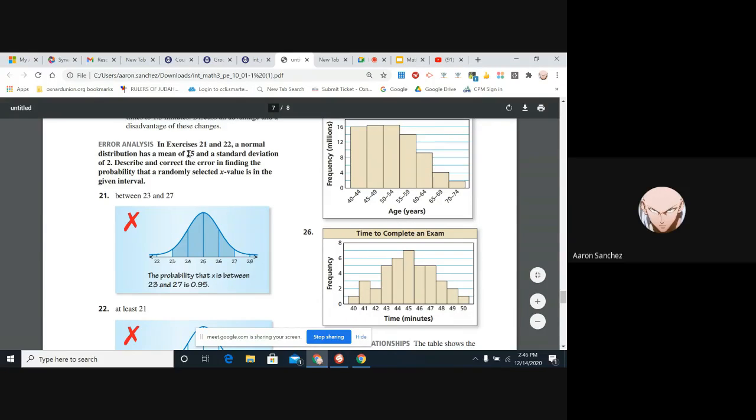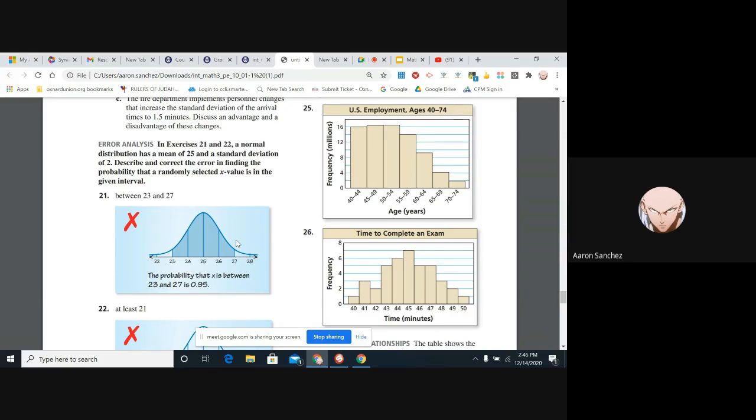Is my mean correct in this thing here? Yes. Where's the mean? Tell me about the mean and the normal curve. The 25 is right there, in the middle. It should be in the middle, and it says that. Okay, so that's correct.